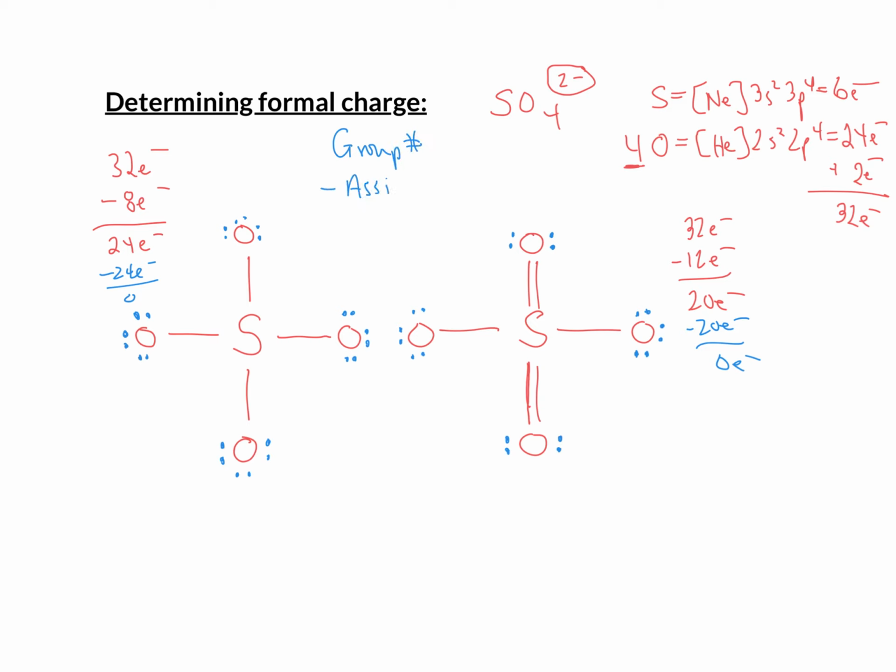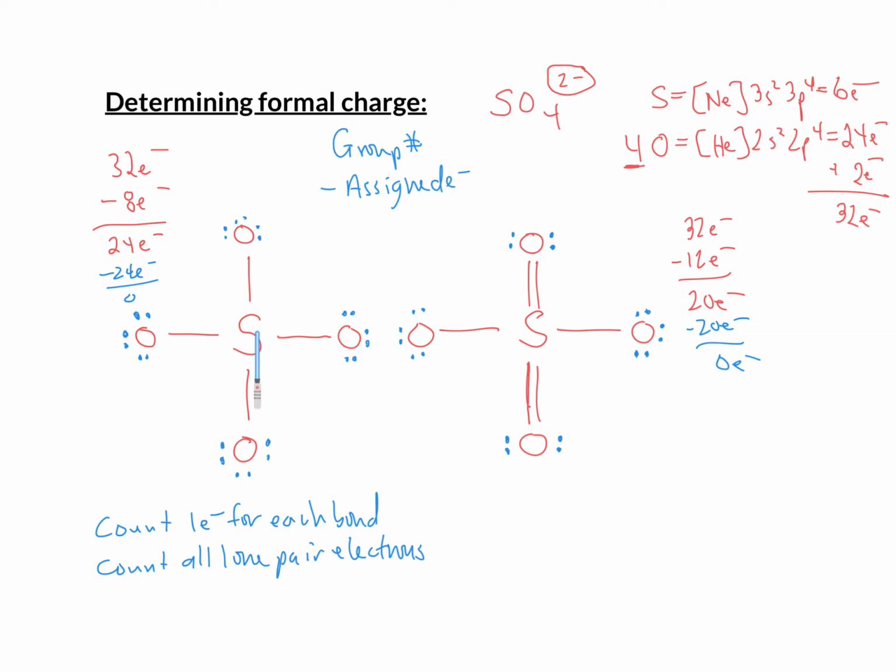For assigned electrons, we count 1 electron for each bond, and we count all lone pair electrons for the atom in question. Sulfur and oxygen are both group 6. So let's see what this looks like.